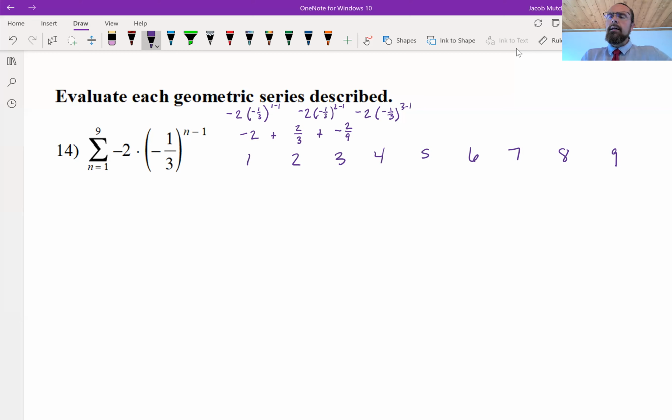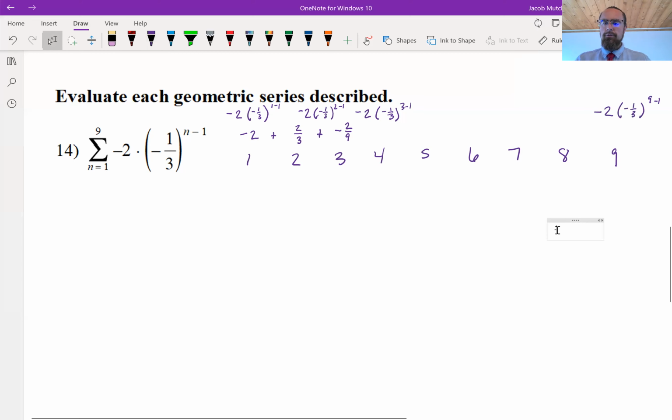Just to see what my ninth term is, -2 times -1/3 to the power of 9 minus 1. So that we can calculate, it's going to be -2 times -1/3 to the power, in this case, of 8. And this doesn't want to calculate that.